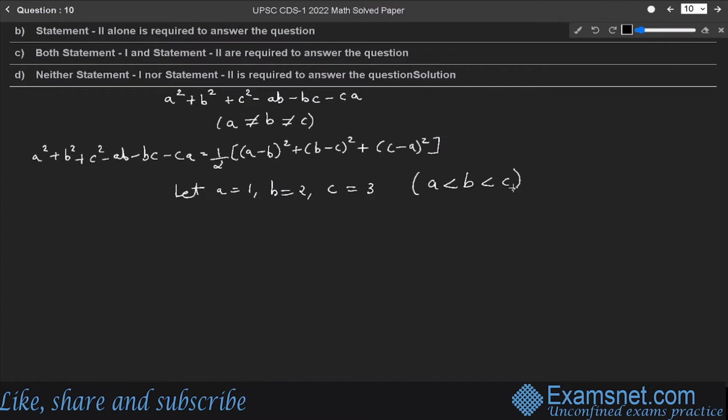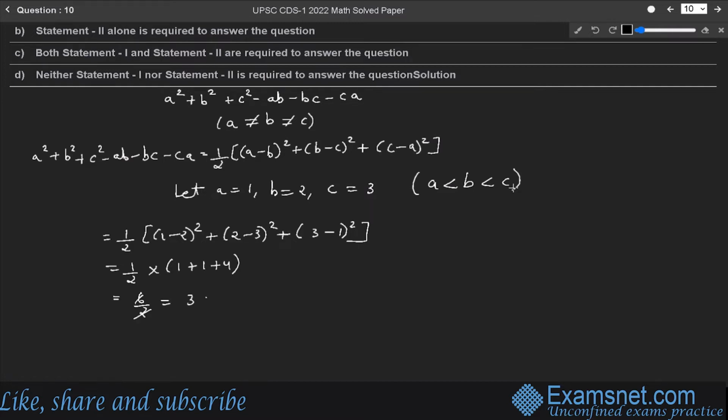Now, on applying the values in the formula, we will get 1 by 2 into (1 minus 2) whole square plus (2 minus 3) whole square plus (3 minus 1) whole square. So it will be 1 by 2 into (1 plus 1 plus 4), which gives 6 by 2, which is 3. Therefore, the value of a square plus b square plus c square minus ab minus bc minus ca is 3, which is always positive.